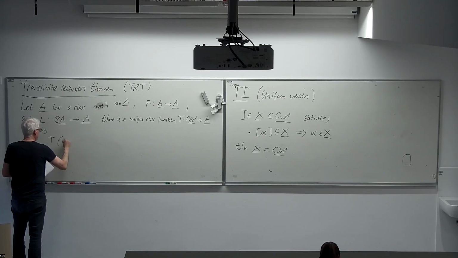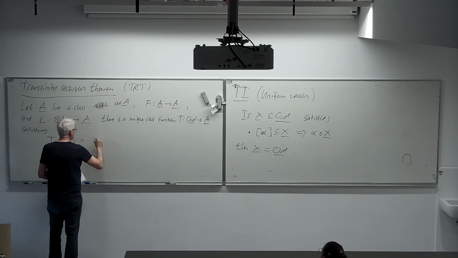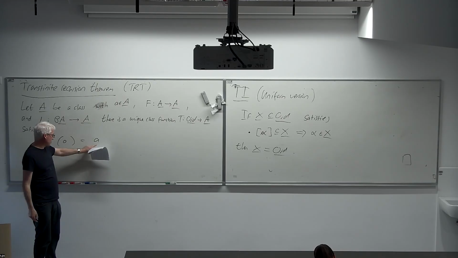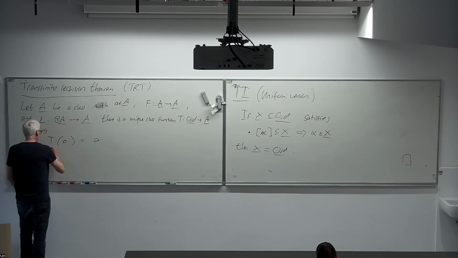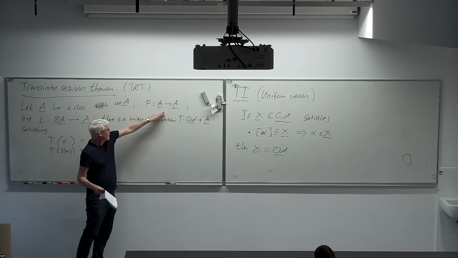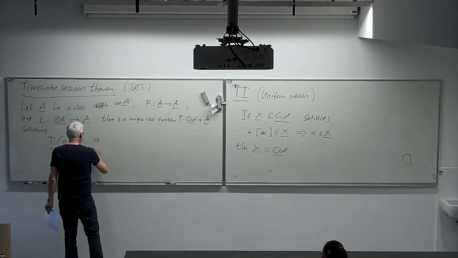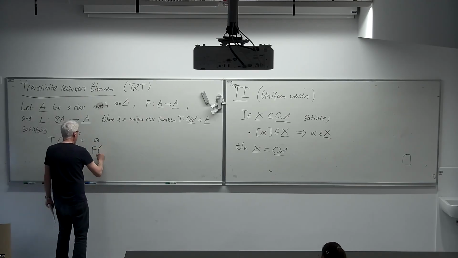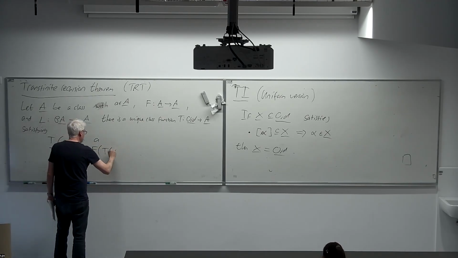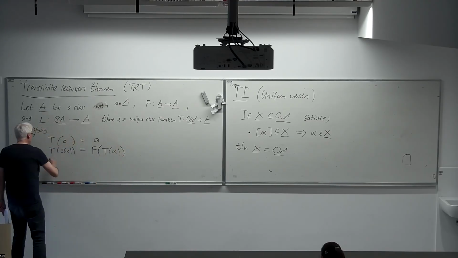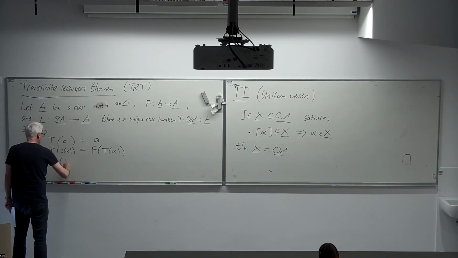We map T of 0 to a; the whole point of having the element little a is to have something to map 0 to. T of the successor of an ordinal is obtained by applying F to what we get from applying T to the predecessor; the point of F is to tell us how to get the successor's value.